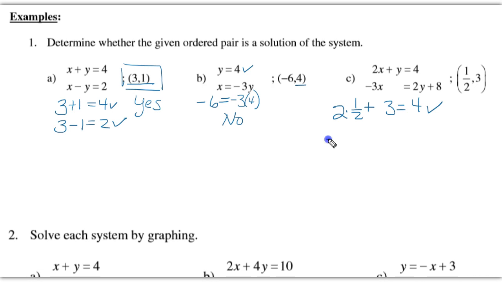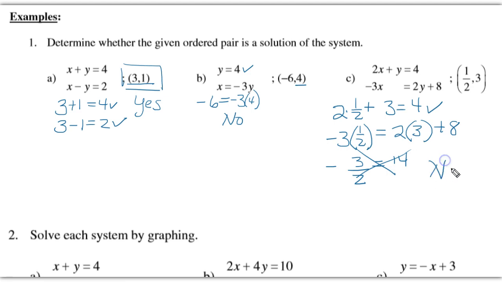Now here this is going to be a -3 times 1/2. Does that equal 2 times 3, which is our y value, plus 8? Well, this becomes a -3/2, and this becomes 6 plus 8 is 14. No, this doesn't equal. So this would be a no.